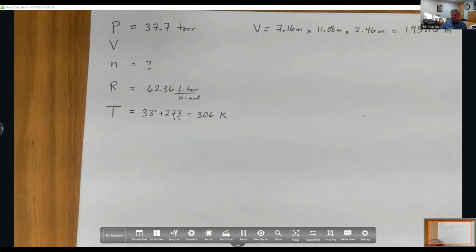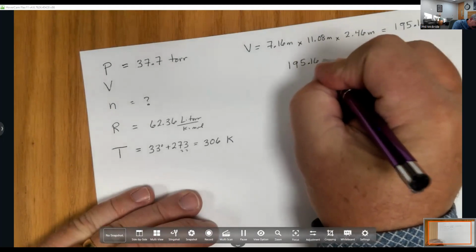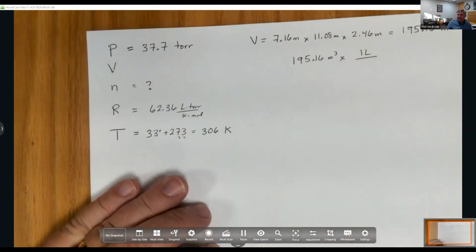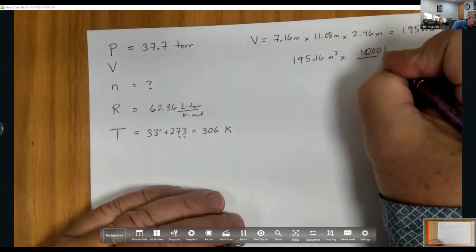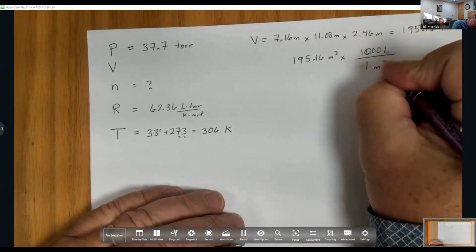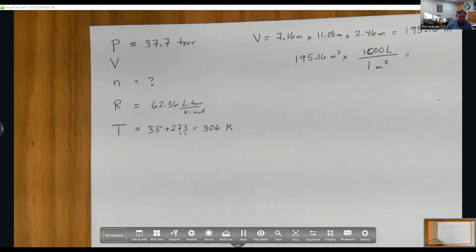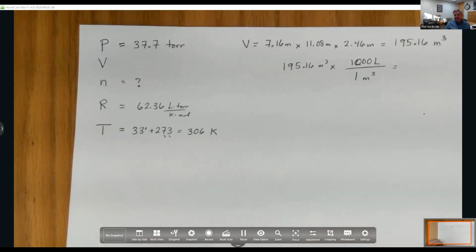All right. And there are 1,000 liters in a cubic meter. So 195.16 cubic meters. Sorry, 1,000 liters in 1 cubic meter. In other words, a milliliter is a cubic centimeter, and so 1,000 liters is a cubic meter.